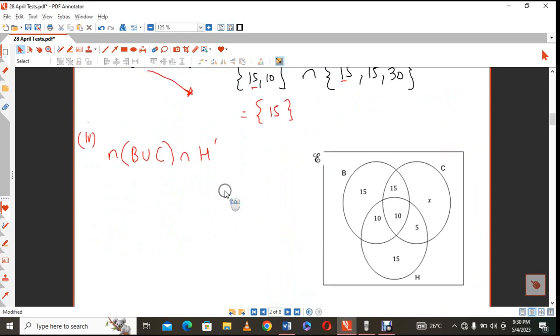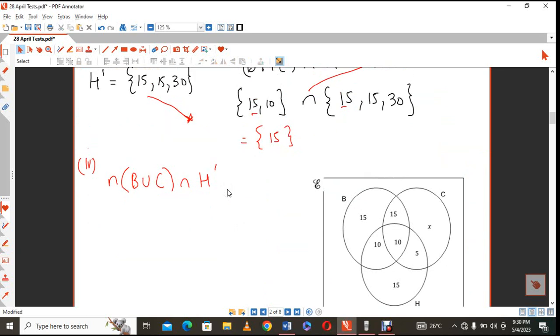Let's write in the complement of H. I'm going to use black. The complement of H is 15 as well as 30. Remember that was 30 over there. And intersection. Now I'm going to find B union C, I'm going to get to this part later on.